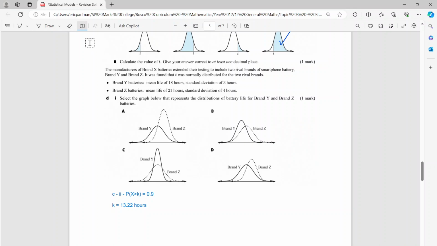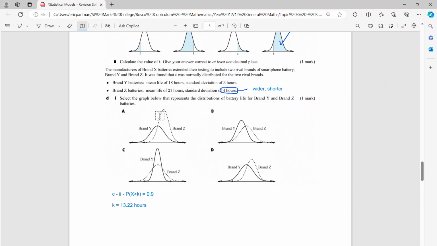Okay, so let's have a think about this. This is going to be a higher variance, so that's wider. So brand Z has to be on the right of Y because of that.